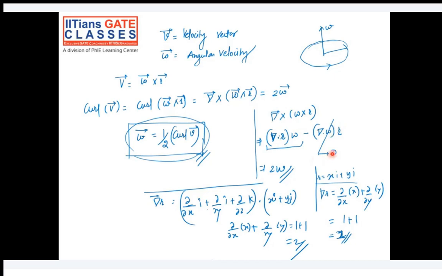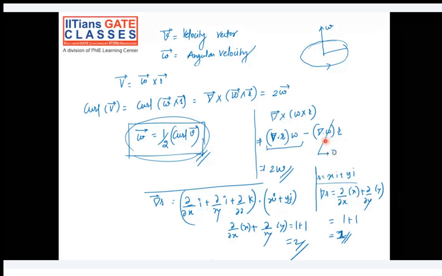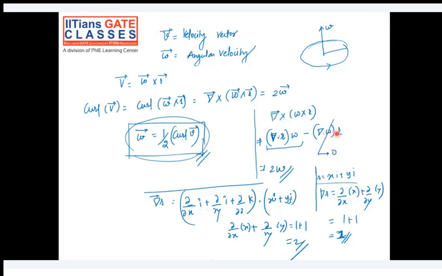And now del of r: if you simplify it, what is r? R is xi plus yj, and taking del of it, dou by dou x of x plus dou by dou y of y, so it's 1 plus 1, which is 2. Let's not go into this detail, but this relationship you should know.